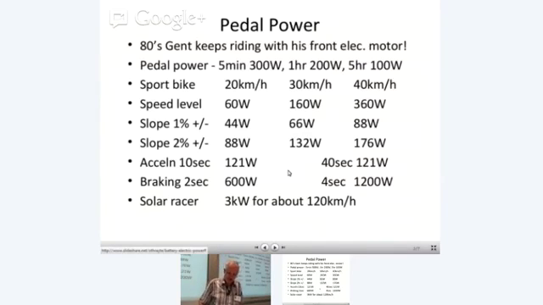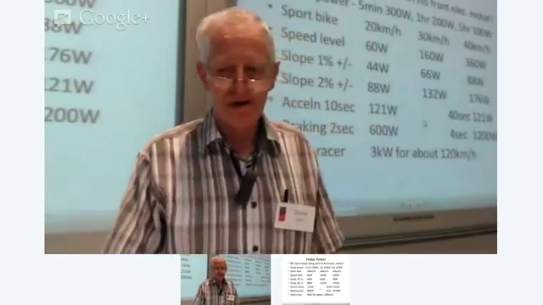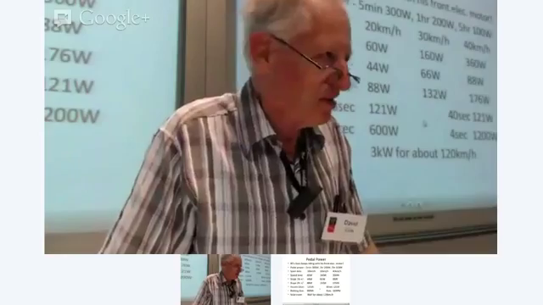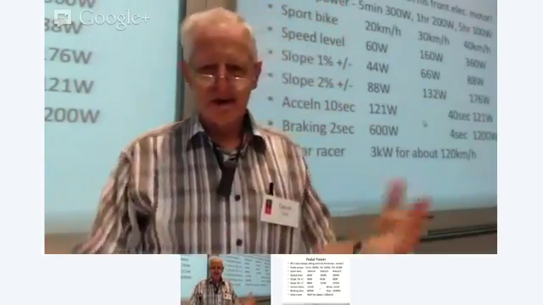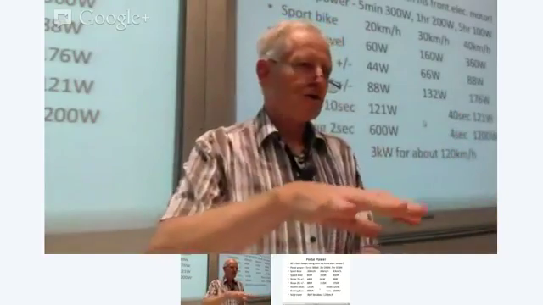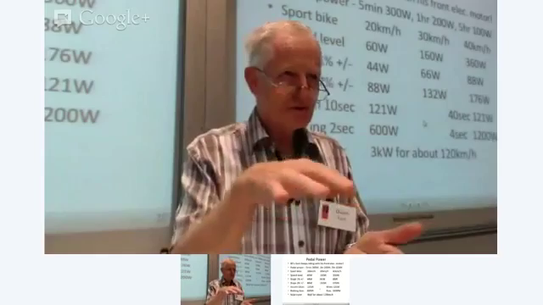The solar racer. Now, I'll have to amend this because I found that it's not quite right. That's my best information. I talked to Jim out there with the solar racer today, the Aurora one, and he reckons 2 kilowatts is probably better for that one. It's useful to look at that because, firstly, it has a very low drag coefficient, around 0.05.